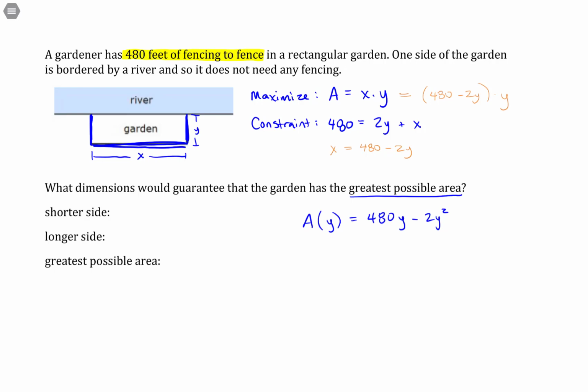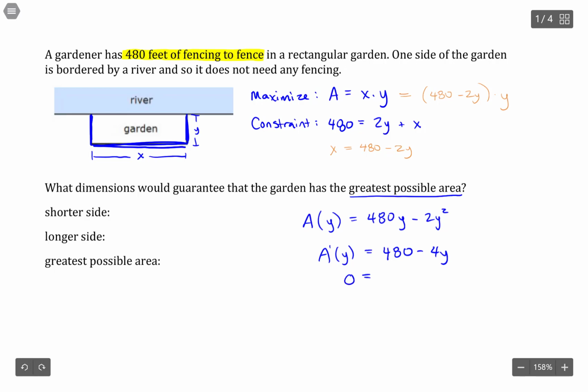This one is in fact opening downward, so it would be a maximum, which is what we want. To find where that maximum occurs, we invoke the derivative. So we find the derivative with respect to y, which is 480 minus 4y. We set that derivative to 0 and solve for y.